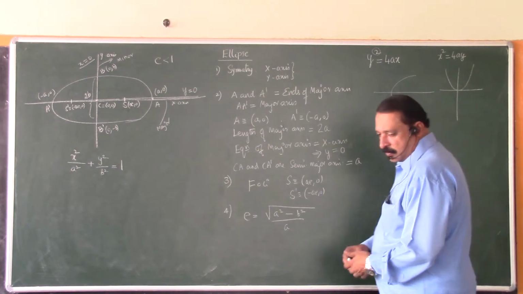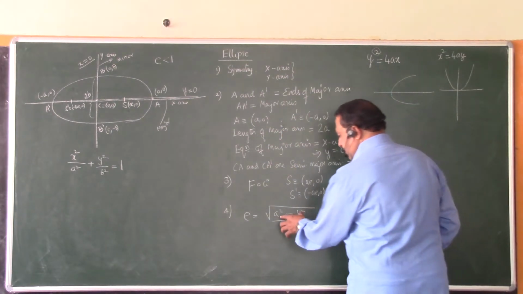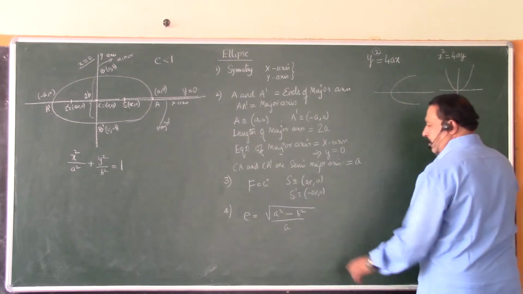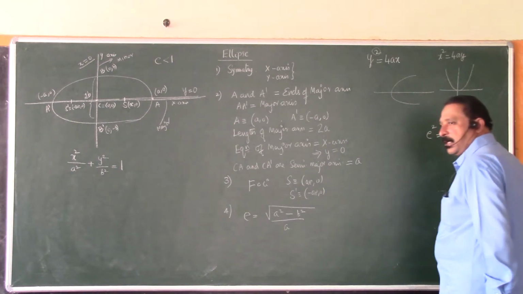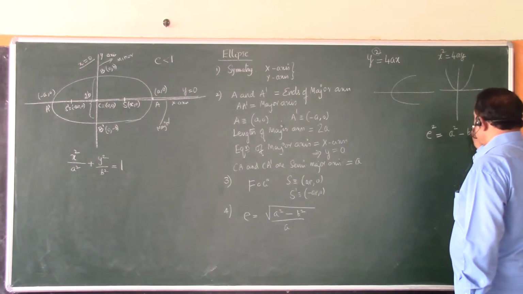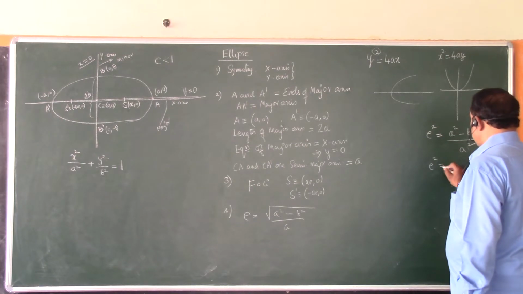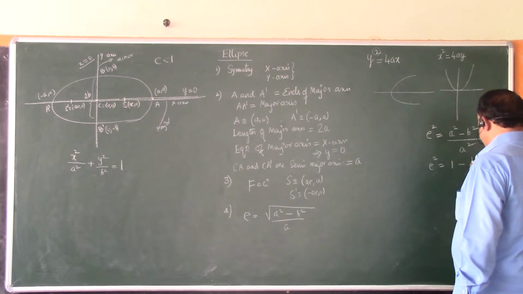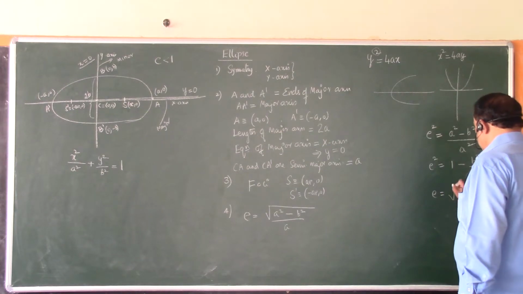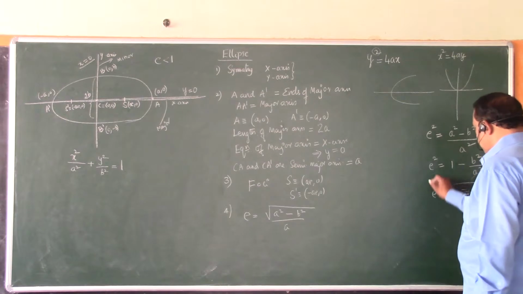You can also use another formula. If you square on both sides, then this will become E square. E square equals a square minus b square divided by a square, or E square equals, separating it, 1 minus b square by a square, or E is equal to square root of 1 minus b square by a square.